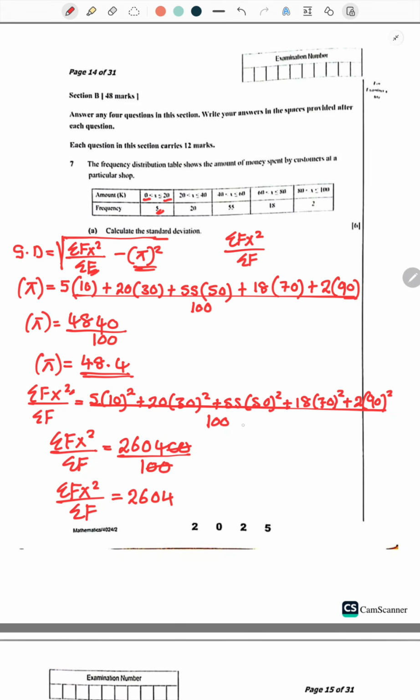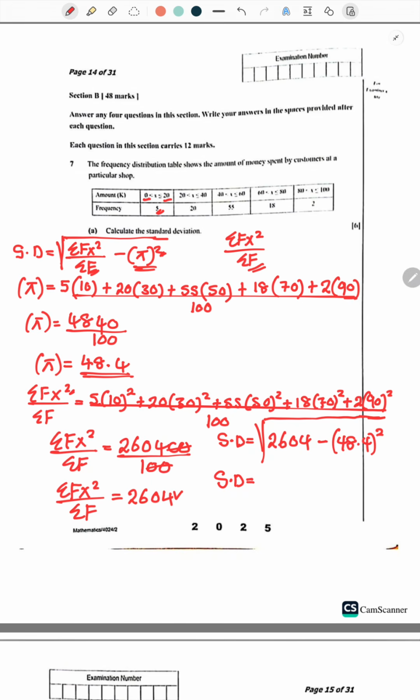Now from here, we can find our SD using the same formula. SD is going to equal to this part we have already found, so I'm going to put that in my square root. It's going to be 2604 minus, then what was the mean? The mean was 48.4. Then don't forget to put a power 2, because we have a power 2 here. So what is going to be our final SD?